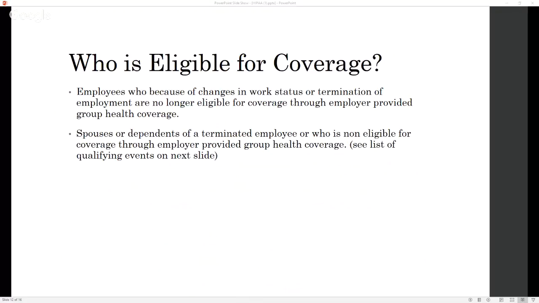Same thing for spouses and dependents of a terminated employee or a non-eligible employee through employer-provided group health coverage. Again, this would apply to children and spouses of employees who qualify under a qualifying event, I guess. Next slide.